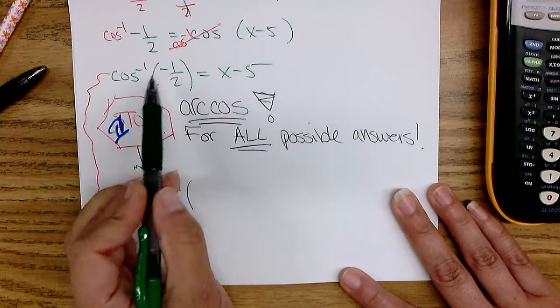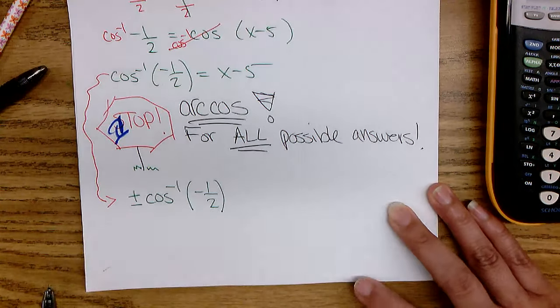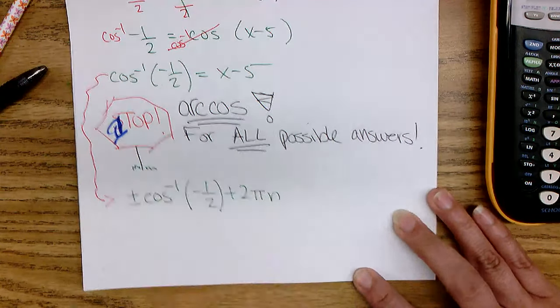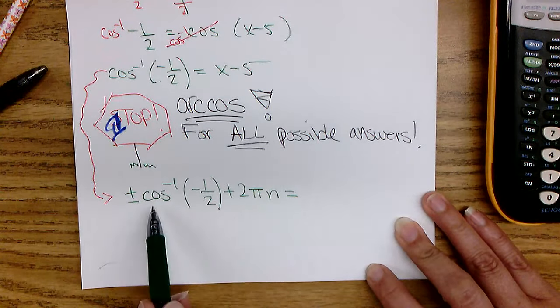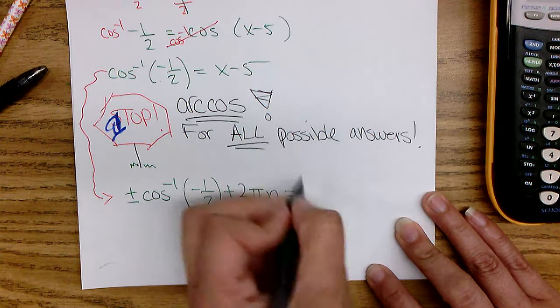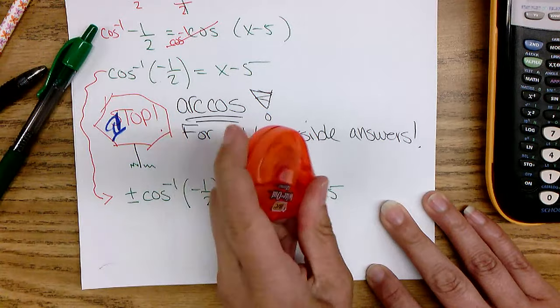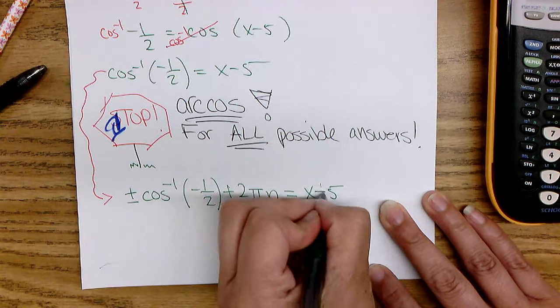And x is the value we're using, so we're using the quantity of negative 1/2, and then plus 2 pi n. And now this is the formula for arc cosine, so now we can set it equal to x minus 5.